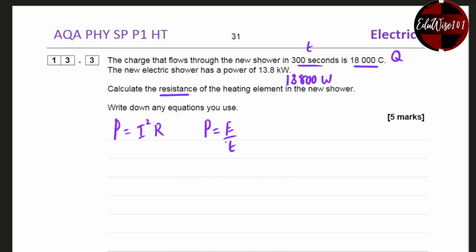I can find out the energy using the power and the time. So resistance is what I'm trying to find here. So I will need this first equation, P equals I squared R. But I need to find the power first. And I need the current as well. I can use this.